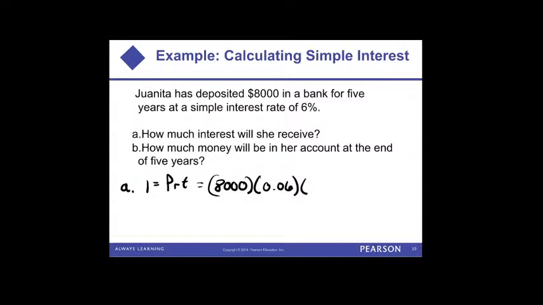So 8,000 times 0.06 times 5. 6 times 5 is 30, times 8 is 240. Let me think about it.